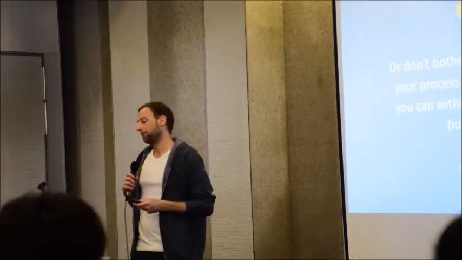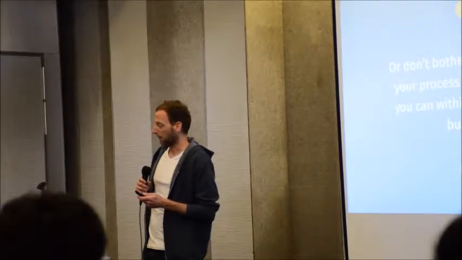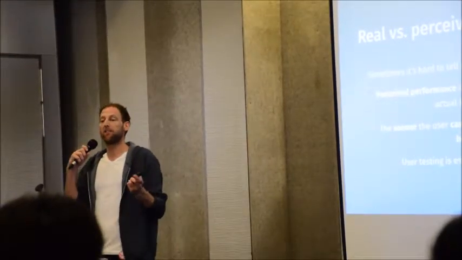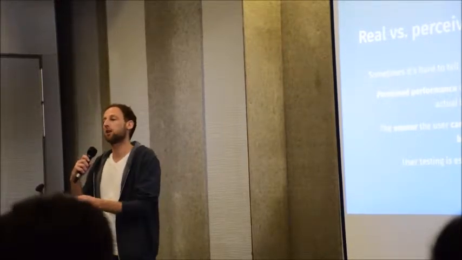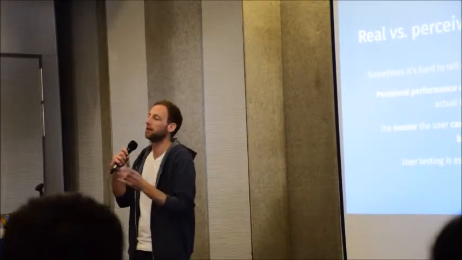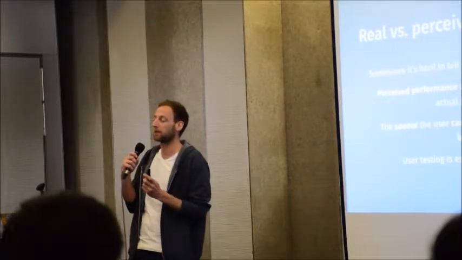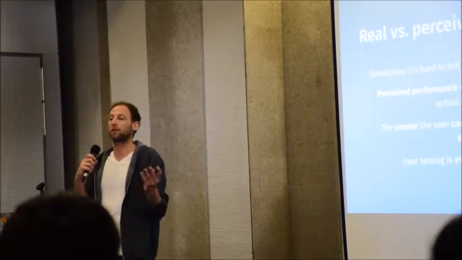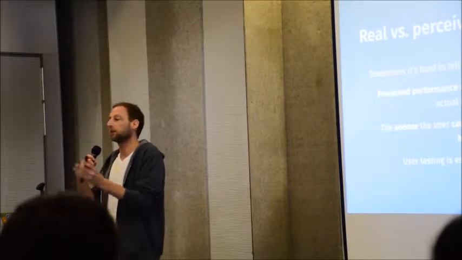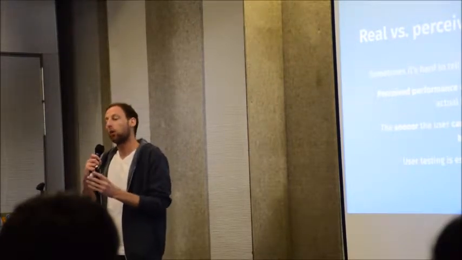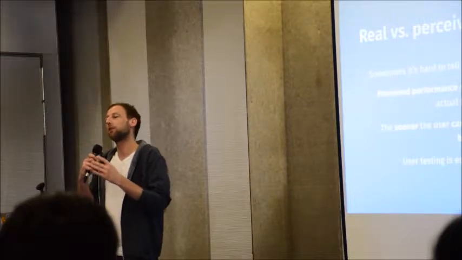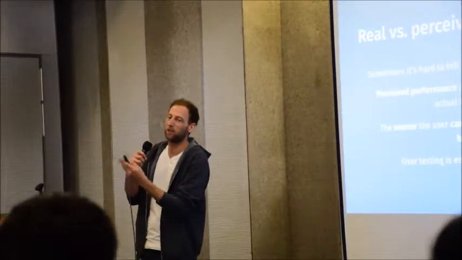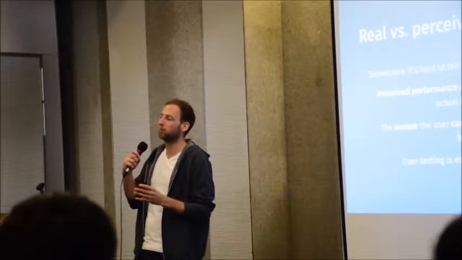Alright. We mentioned it earlier, real versus perceived performance. There are the hard numbers where you say, okay, my site loads in 2.5 seconds or something. But sometimes it's really difficult to tell what's better: if your site actually loads faster, with hard numbers that are better, or if you just give users a feeling of, oh wow, this was quick. And this is where loaders, spinners, and progress bars can help, but don't have to.